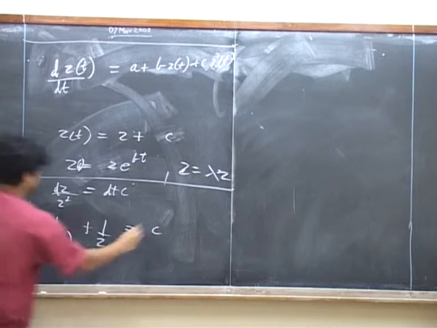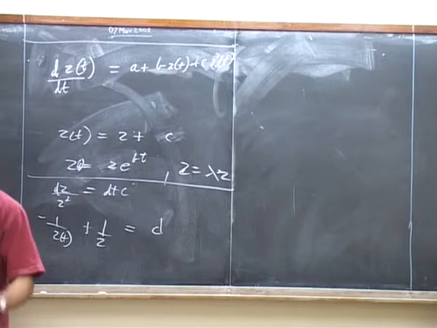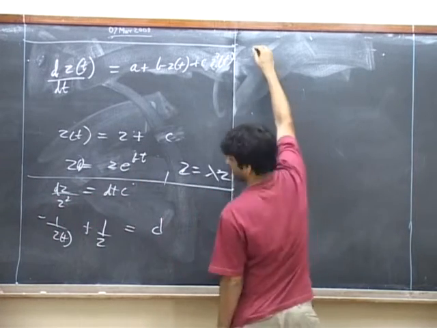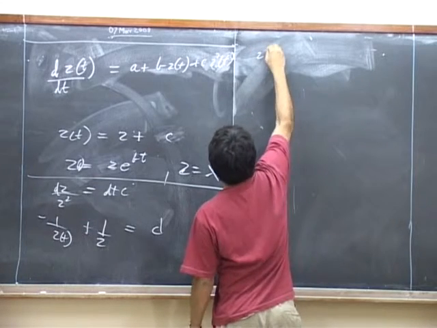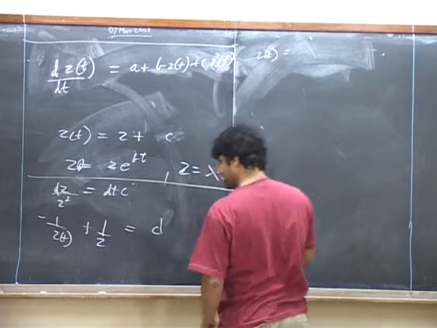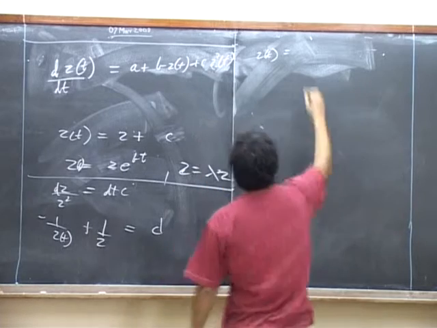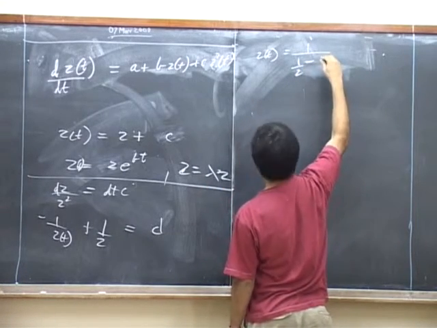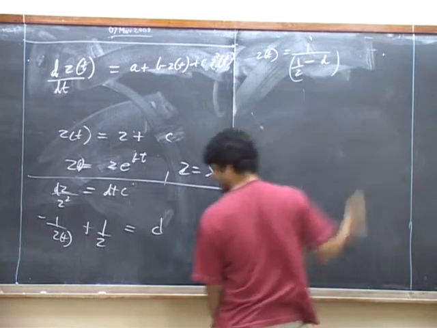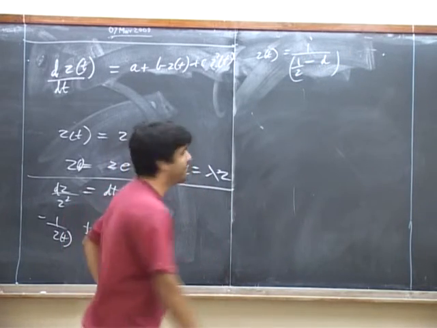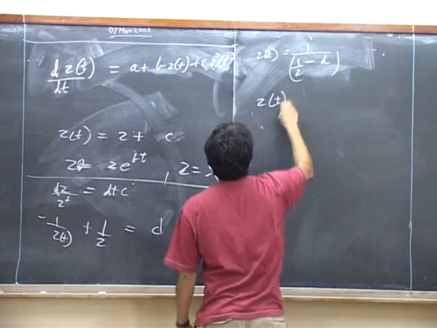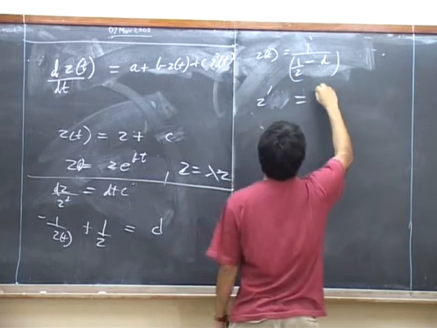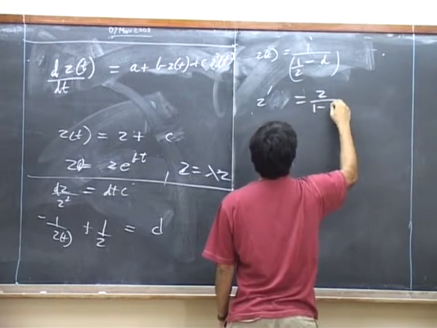It's a different c, that's all it is. It's arbitrary. Okay, so let's solve now for z(t). We get z(t) equal to 1 over (1/z minus d), which you can think of as z prime, is equal to z over 1 minus dz.